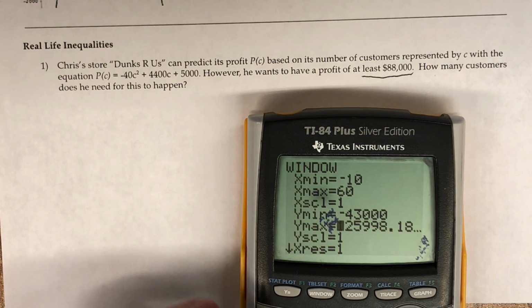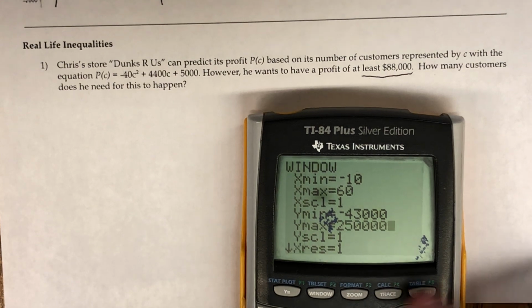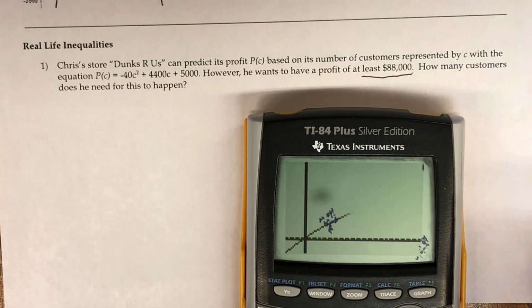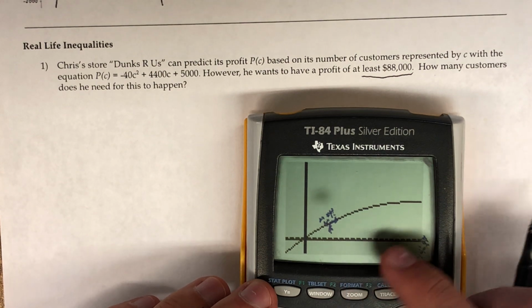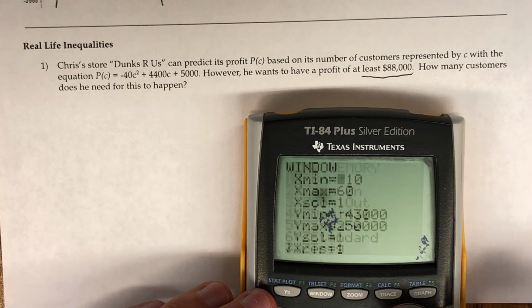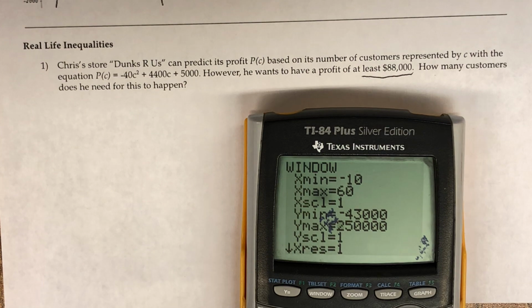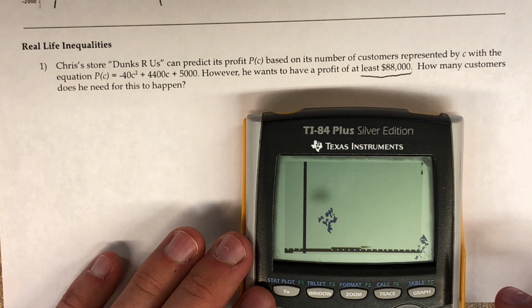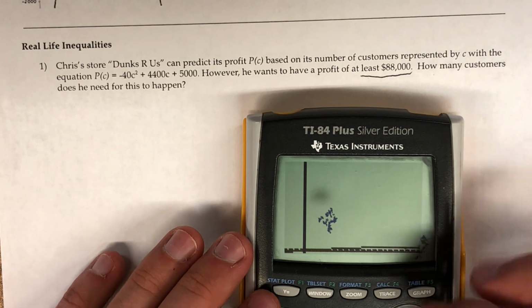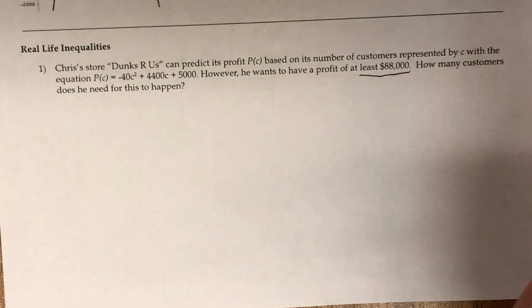So that's 125. Let's try that. Wow, okay. Just add another 0. Interesting. Okay, I'm having a hard time graphing.